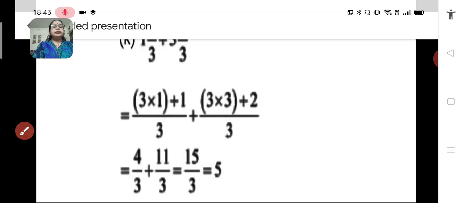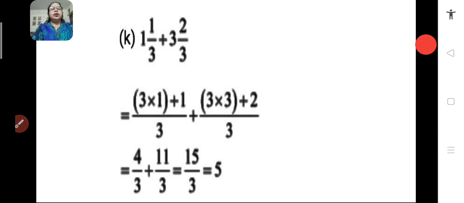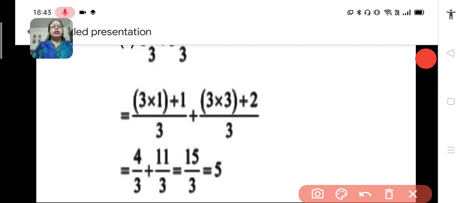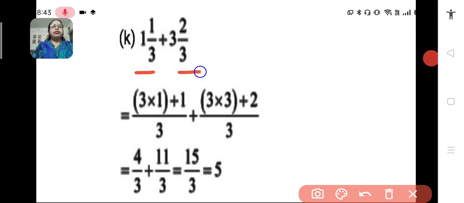Next problem. Okay, we have 2 mixed fractions to be added, 1 1 upon 3 plus 3 2 upon 3. So, what do we do? We first change the mixed fractions into improper fractions, and then we change them into like fractions and then we add them. So, how do we change them?